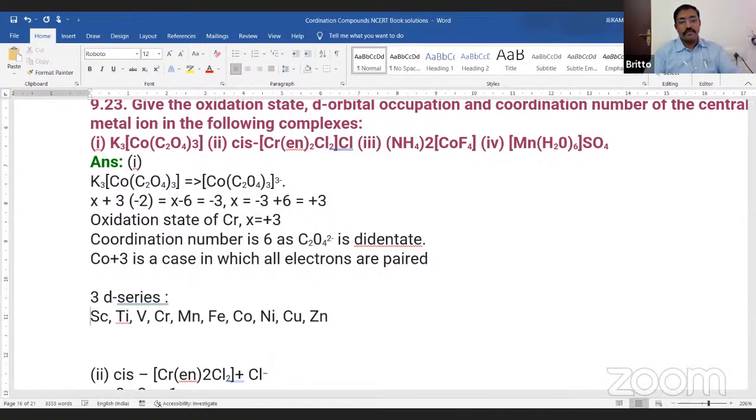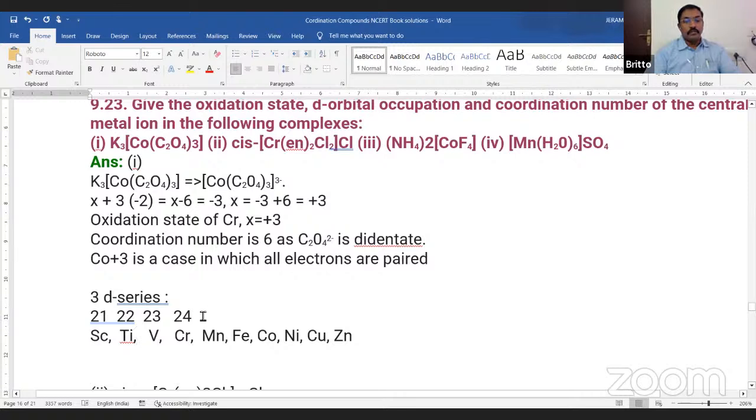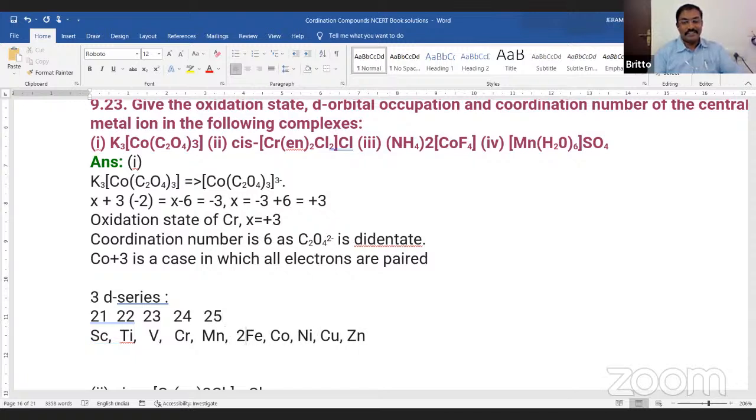Scandium atomic number is 21, titanium 22, vanadium 23, chromium 24, manganese 25, iron 26, cobalt 27.